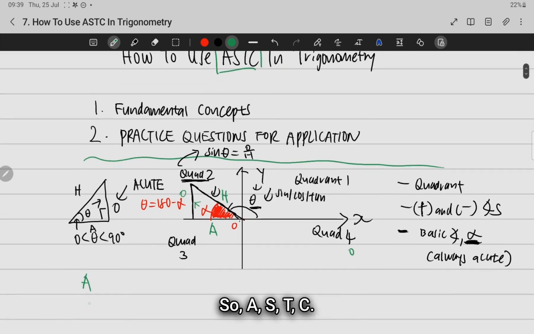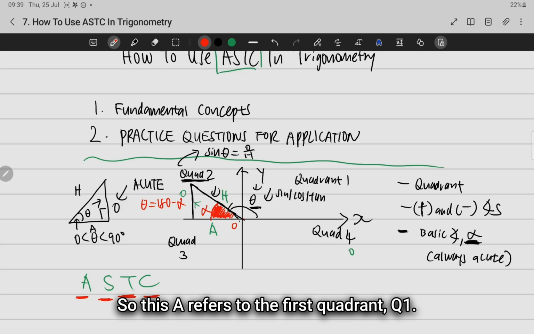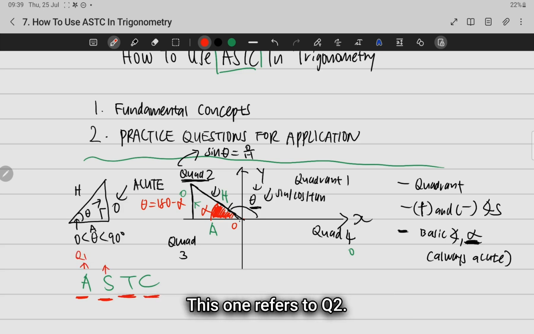ASTC, all of these are broken up into the quadrants. So this A refers to the first quadrant, Q1, this one refers to Q2, this one refers to Q3, this one refers to Q4, right? Quadrant 1, quadrant 2, quadrant 3, quadrant 4.